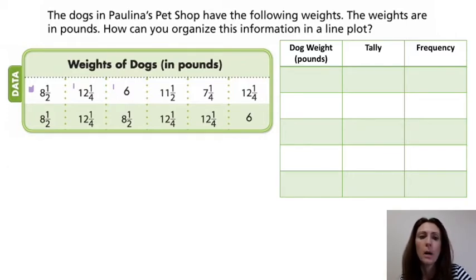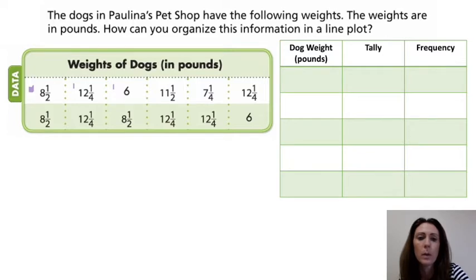So I'm looking for the smallest. So 8.5, 12 1/4, and I'm expecting you to be doing the same thing as we move forward when you're creating your frequency table and then your line plot. So, okay, 8.5 is the smallest we have so far.